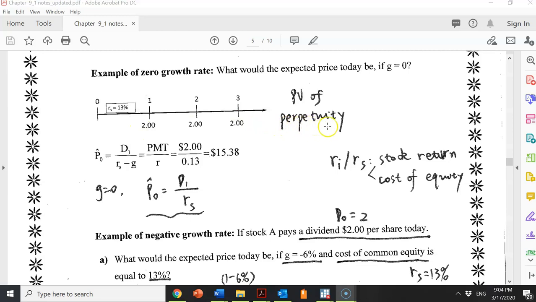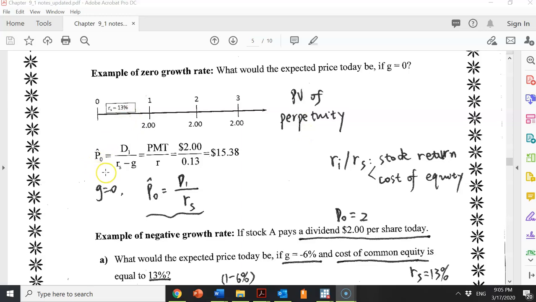It becomes a perpetuity. So using the dividend discount model or constant growth model, we want to discount all these future $2 dividends to present, and these $2 go on forever. So this is the same as looking for the present value of a perpetuity.